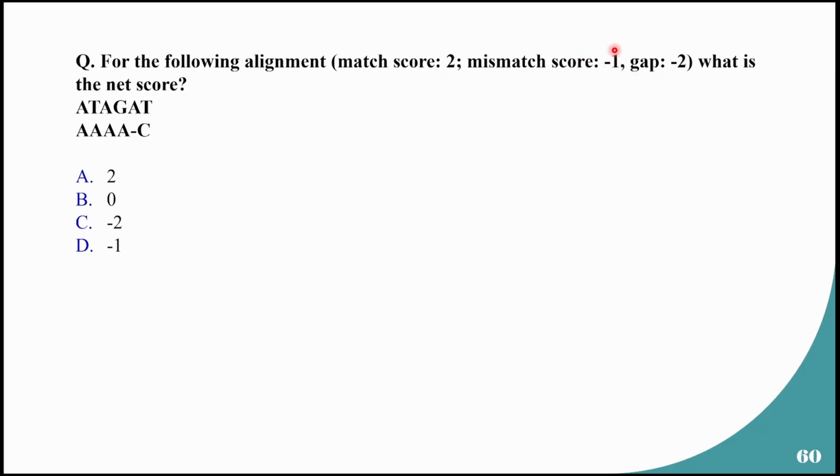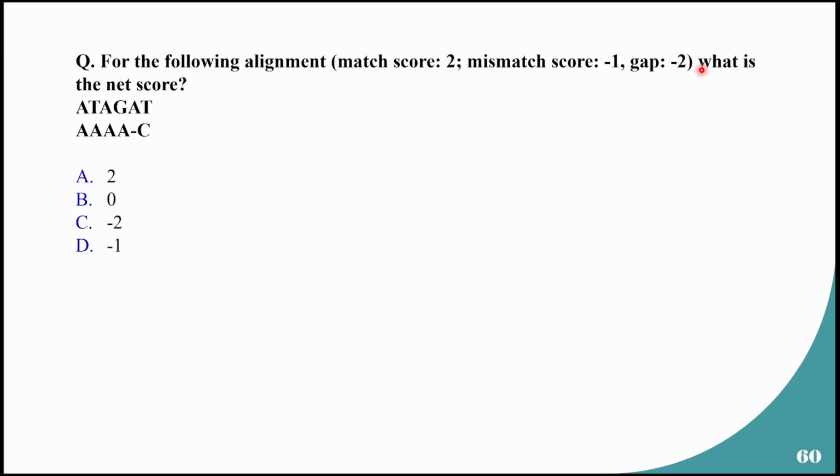A mismatch here is given as -1. That means that the sequence characters are not matching, so that is why it is penalized. And a gap is given as -2. Now, in nature, of course, the introduction of a gap is much rarer. So in your sequence alignment, if you have a gap, you have to give it a higher penalty, even higher than a mismatch score, because gaps are not favored by evolution a lot of times.